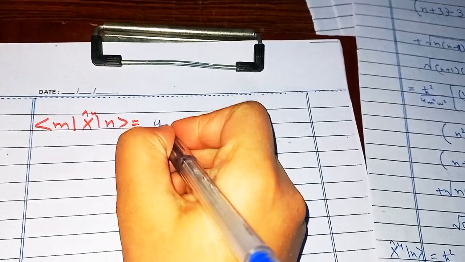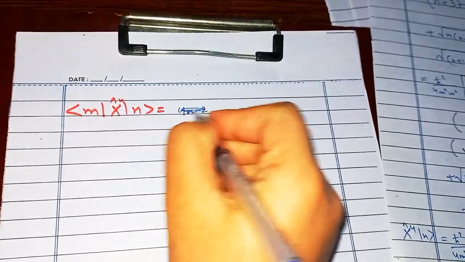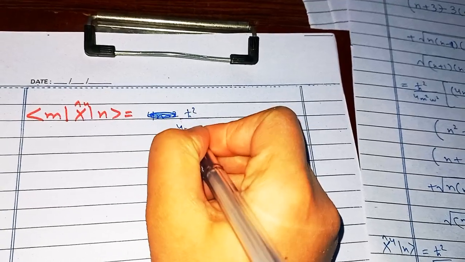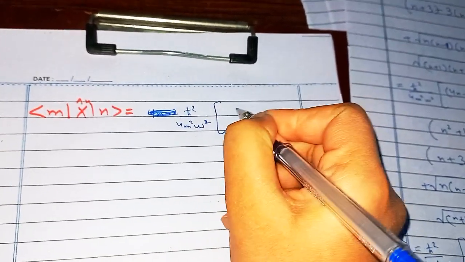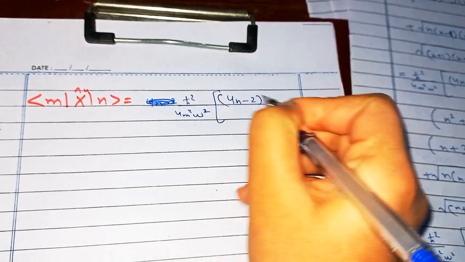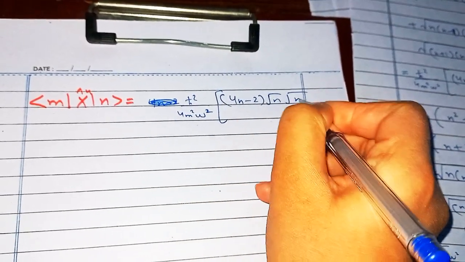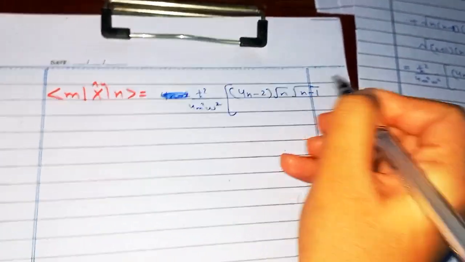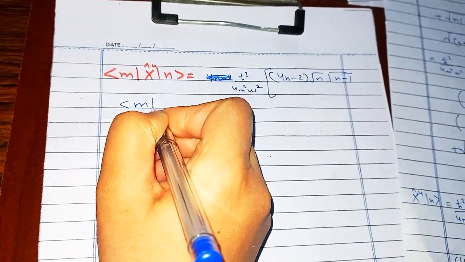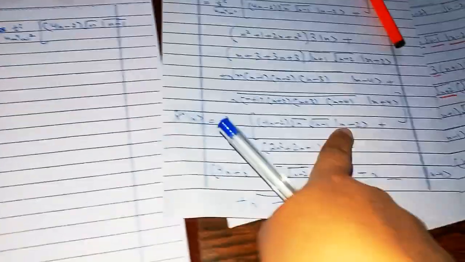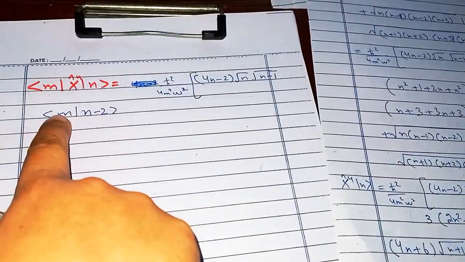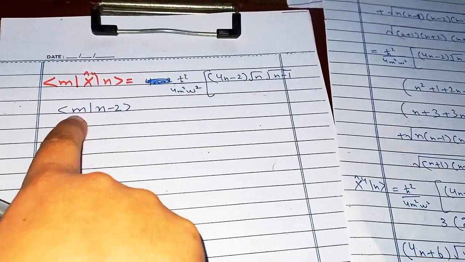So it's 4n minus 2, okay, we have a constant first, which is h square by 4m square omega square, and then we have 4n minus 2 under root n minus 1, and we have this bra first, and then we write its ket, which was n minus 2.